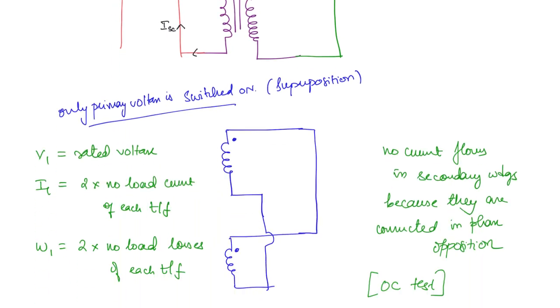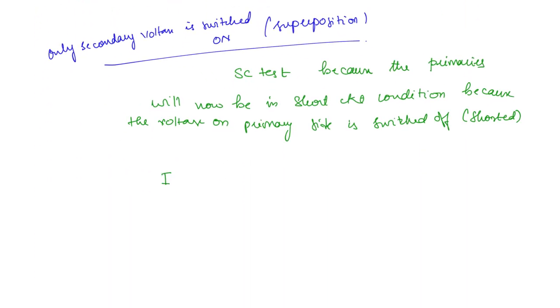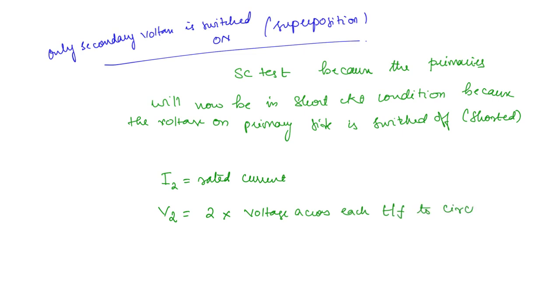So you can write down the meter readings. The current will be equal to the rated current of each machine. Now what about the voltage? This is equal to twice the voltage across each transformer to circulate rated current.